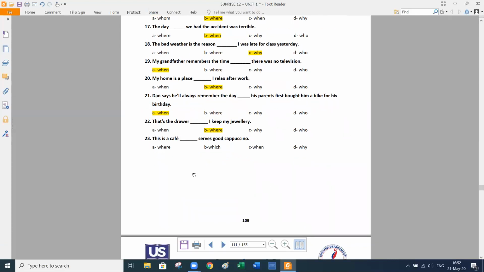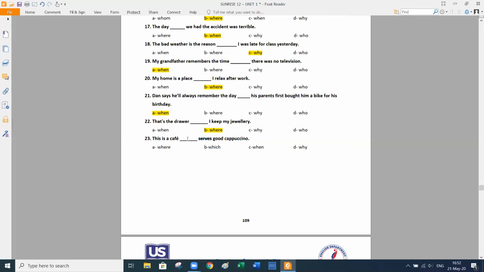And the last one, this is a cafe. Now, you can see the verb here immediately after the blank. That's important. Immediately after the blank. It means the relative pronoun that you write here must be subject because it comes immediately before the verb.